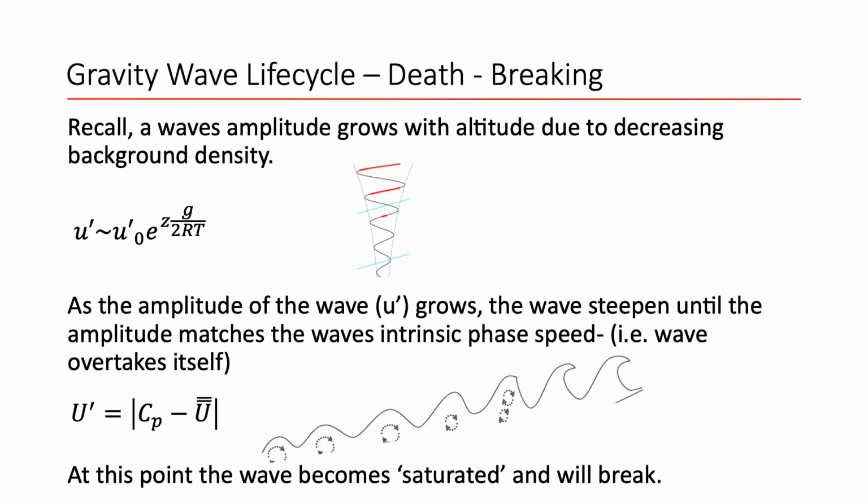So the top of the wave sort of overtakes itself, and you get this breaking of the wave, this overturning of the wave. This is known as the saturation point, and the saturation point occurs when the horizontal perturbation velocity is equal to the wave's intrinsic phase speed, as denoted by the equation in the bottom left.